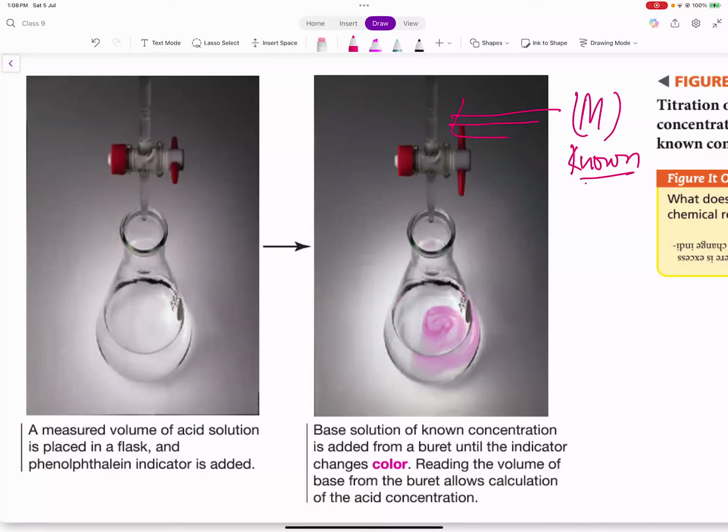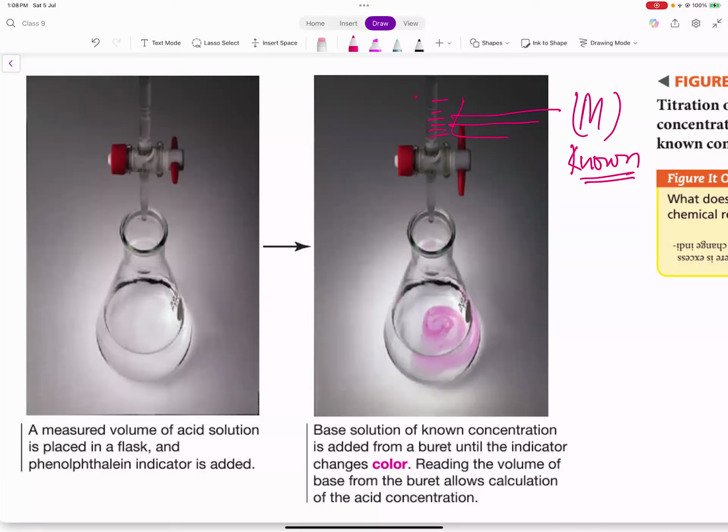We keep on adding and keep track of the volume we are adding, drop by drop, until the color changes. Reading the volume of the base from the burette allows calculation of the acid concentration.